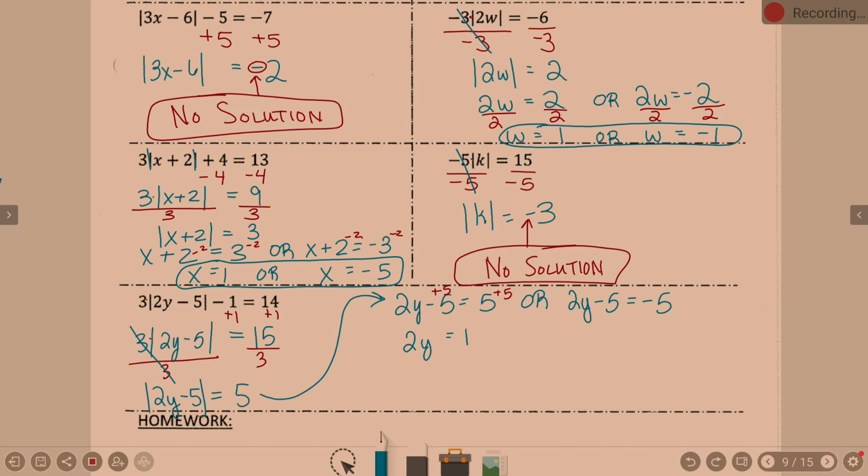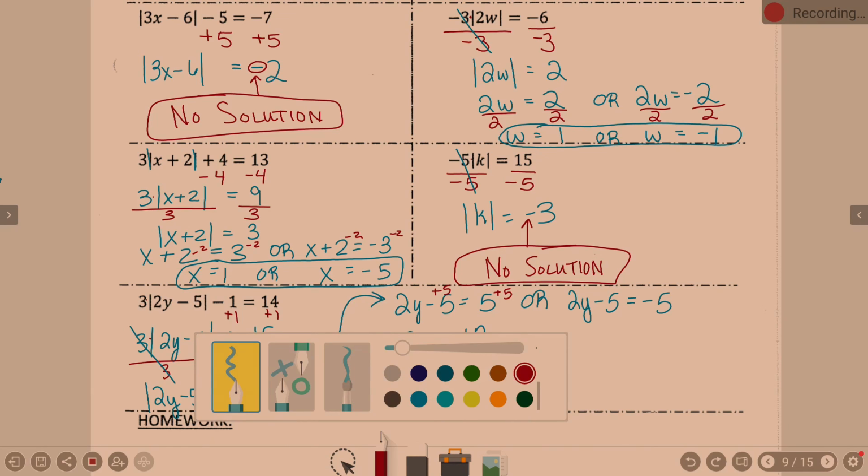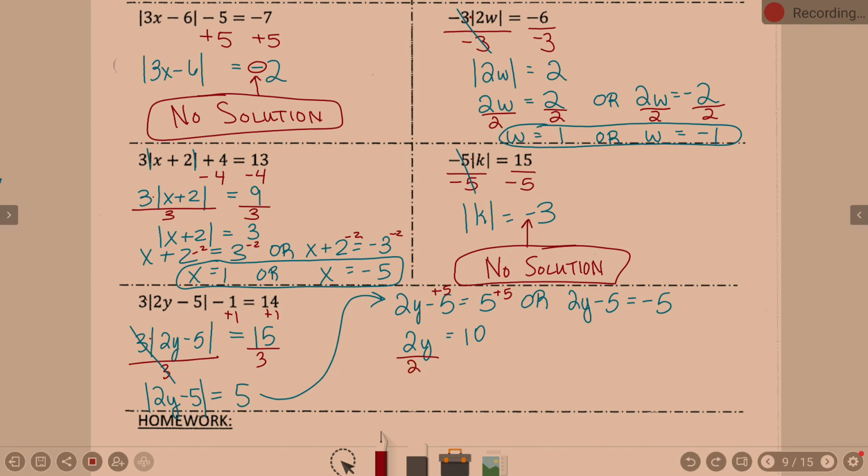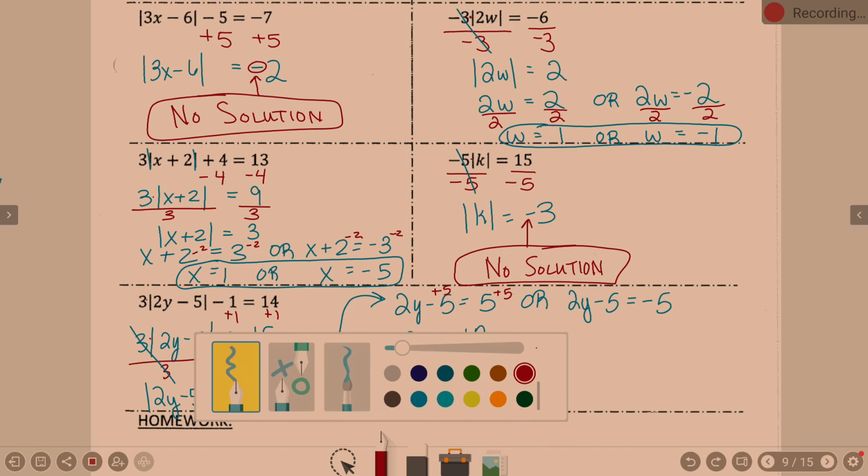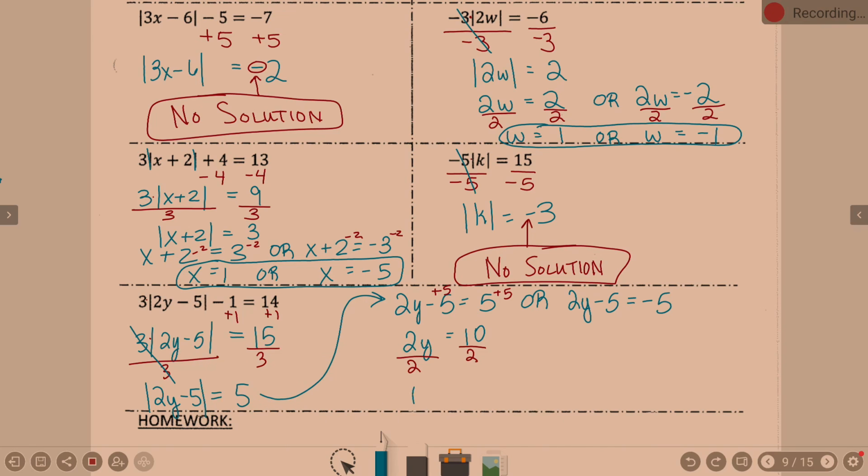If it's 2 times y, we're going to divide by 2, and 10 divided by 2 means one of my answers is y equals 5. You went too fast. I'm just going to stop talking so you can catch up. Now I have y equals 5, I'm caught up.